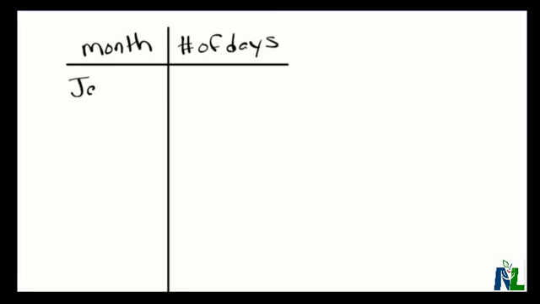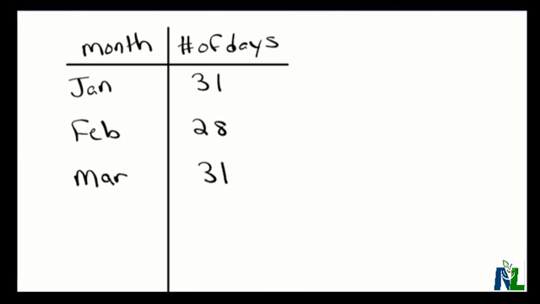So January, of course, would be 31 days. February, again, 28. March, 31. April, 30. And again, that would continue until we got to the end with December, and 31 days. So this would be a table of values.